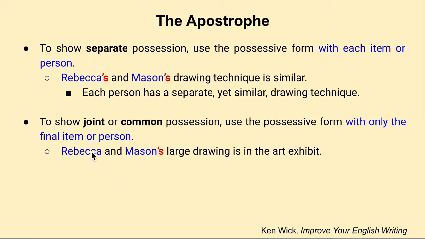So if you wrote Rebecca and Mason's large drawing is in the art exhibit, that would mean that they jointly produced the large drawing. So they have joint possession of the large drawing. Whenever you have joint or common possession, you just use the possessive with the final item. Rebecca and Mason's large drawing is in the art exhibit.